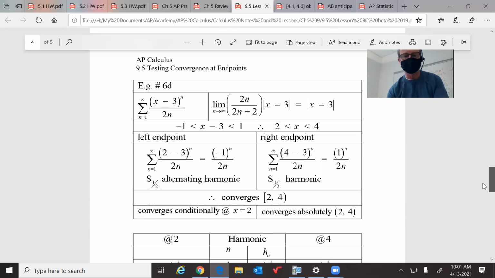Now, 6D, this is where we're getting to what's on the AP test. This is example 6D in your book. So we want to know, what is the interval of convergence for this?